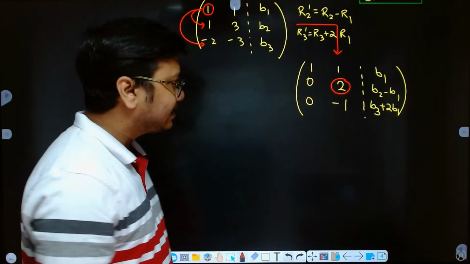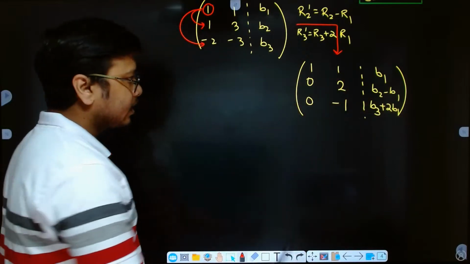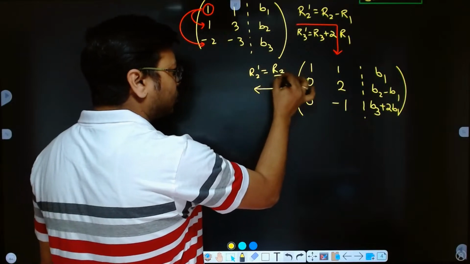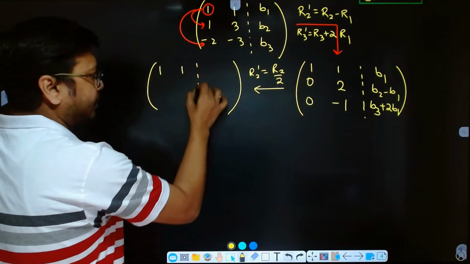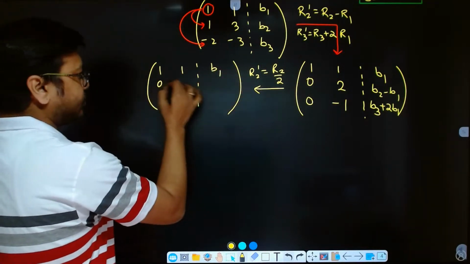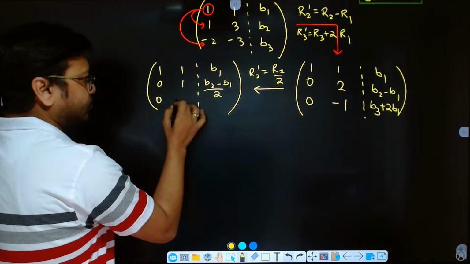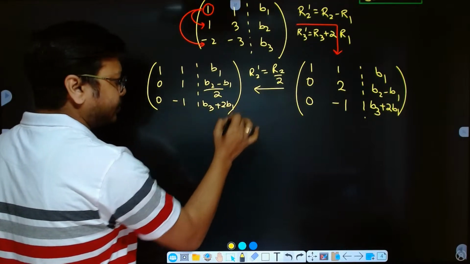The first thing I will do is divide R2 by 2, just to speed up my calculation. So 0, 1, B2 minus B1 by 2, 0, minus 1, B3 plus 2 times B1.